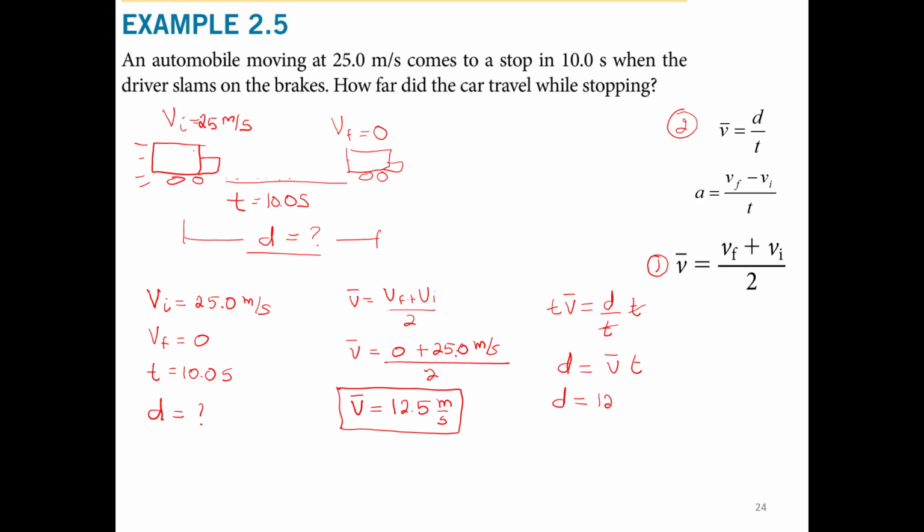Then it's 12.5 multiplied by the time, but the time is 10.0 seconds. And the units we expect in the answer is meters, and if we cancel out the seconds, one on top, the other in the denominator, they cancel out, and we have the correct units. Then the final answer is 125 meters with 3 significant digits.